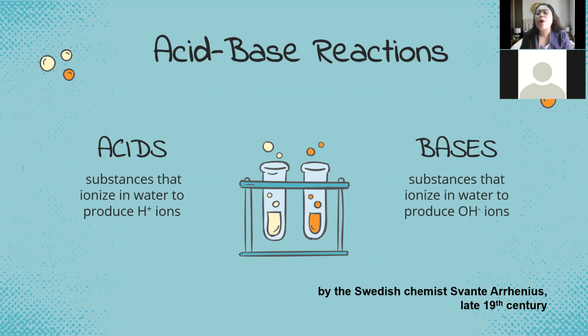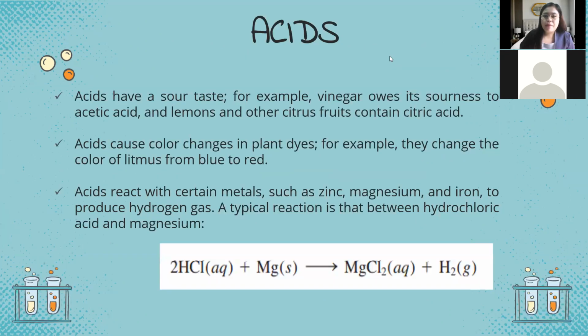So ang base daw kapag nilagay mo sa tubig, magbibigay naman siya ng hydroxide ion or OH- ion. Now what happens if we make these two react with each other? Before that, let's have a thorough discussion of the two things first, acid muna and then base. And then after that, we'll have the reaction of the two.